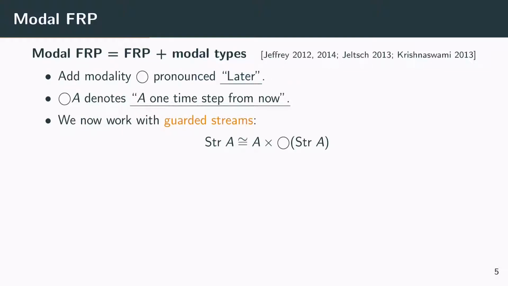And the idea is that whenever we have a value of type later A, this is a computation that one time step from now will give us a value of type A. So now instead of working with normal streams, we work with guarded streams. Right? So here, importantly, the tail of the stream is guarded by the later modality. So a stream is now the head of the stream now and the tail of the stream later.